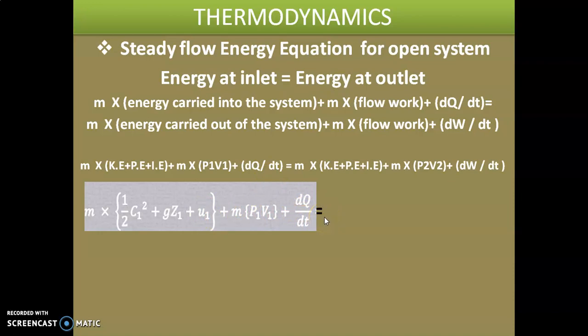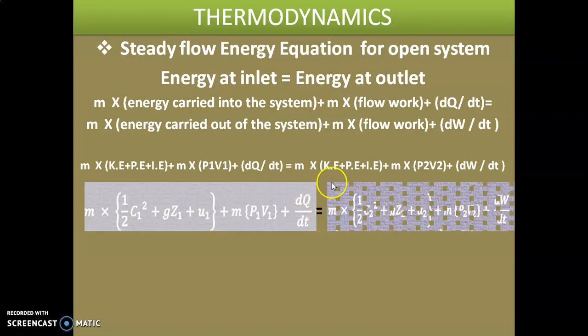So that is equal to m into kinetic energy. What is the kinetic energy? Half of c2 square, and potential energy gz2, plus internal energy u2, plus m into flow work, that is p2 v2, plus work done by the system dw by dt.